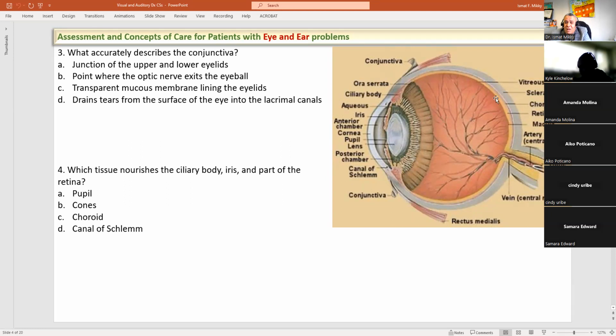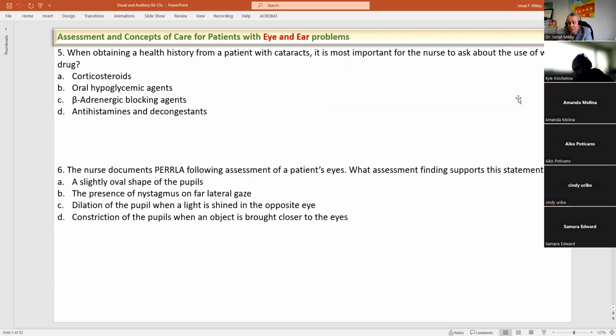So these are the 3 layers from inner, middle, and outer: retina, choroid, sclera. The answer for 4 is C, the choroid. It's like the blood vessels and nourishment for the iris and ciliary bodies.